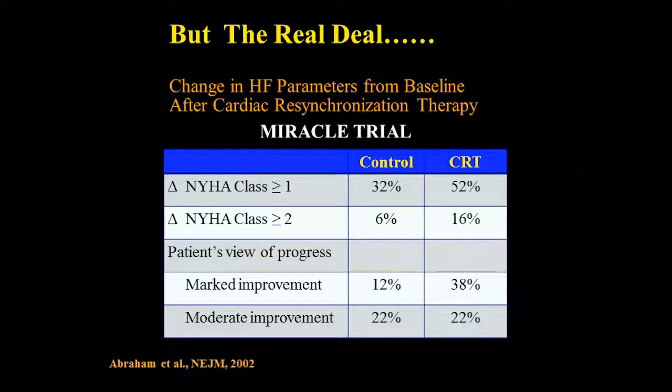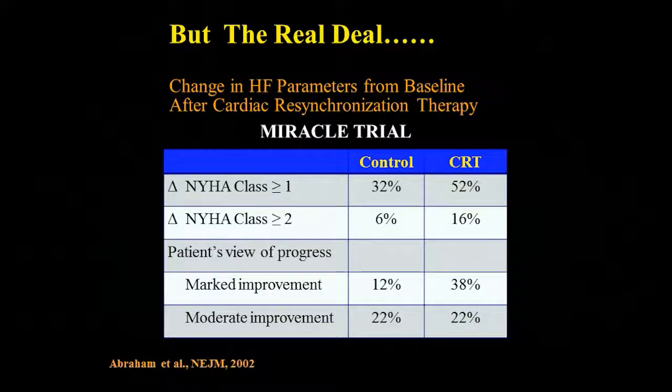So even though the improvement was better when compared to controls, only about half the patients derived some benefit. Okay, depending upon how you define your benefit, if you define it by NYHA class of more than 1, then 50% of the patients felt improved. However, only 38% felt that they had marked improvements in their symptoms subjectively.